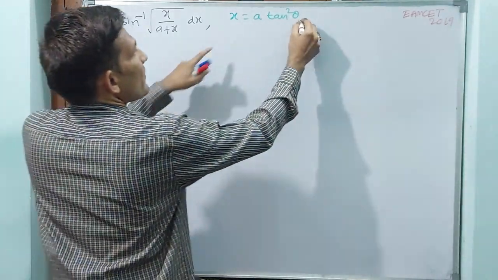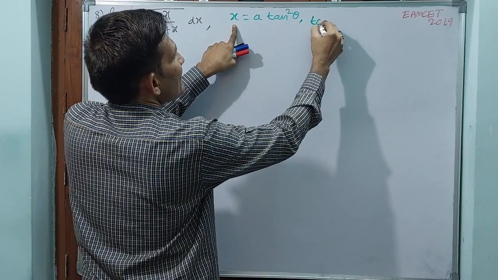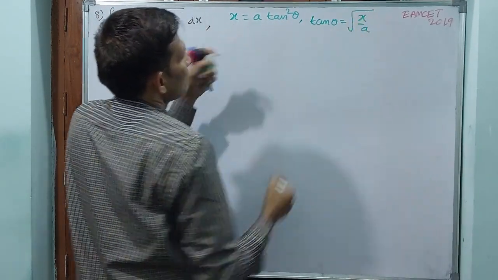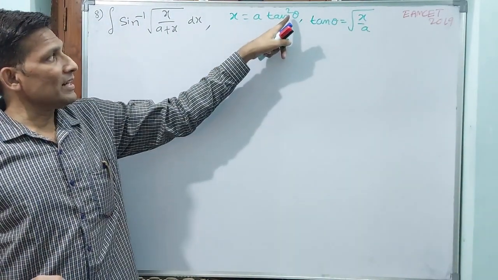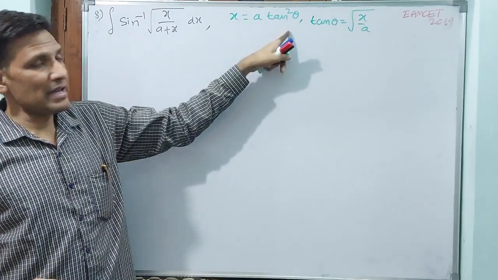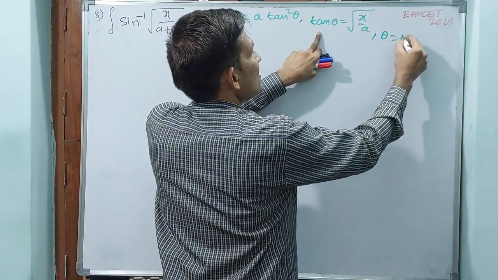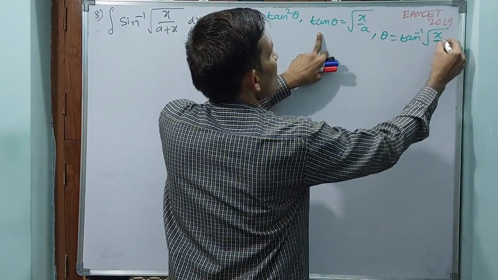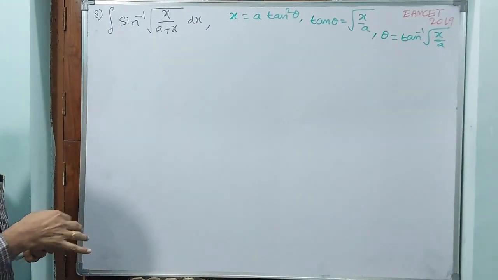Okay, see, x by a will come, root will come. Shall I write tan theta is equal to under root x by a? x by a is tan square theta, so tan theta is square root of x by a. Okay, and theta will be tan inverse of x by a, but this will be under root. Now the theta value you have got. Now come back again here.